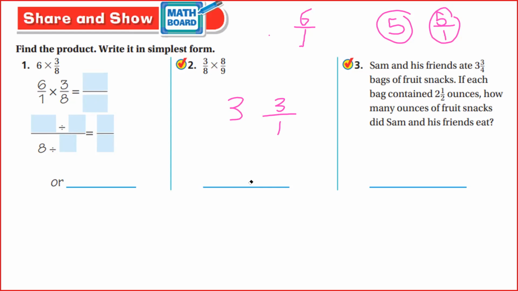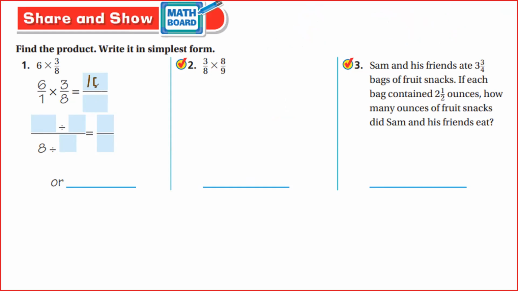The next, what you have to do here, you have to multiply now. 6 times 3, the numerators, which is 18, over 1 times 8, which is 8. After that, I now have to simplify it.